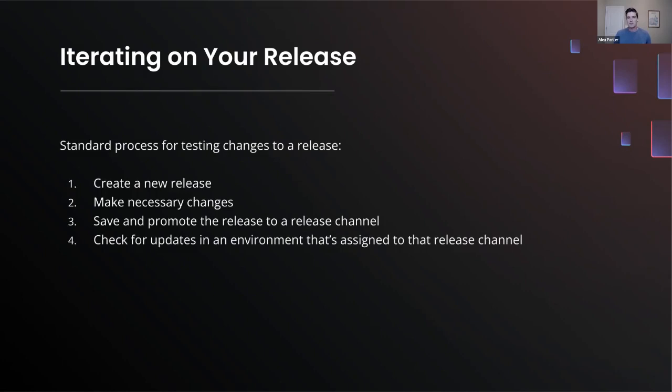Then you'd have some sort of testing development environment with an admin console installed, and you check for updates and pull in that new release that you just promoted, deploy it and test those changes, make sure everything worked out well, and then rinse and repeat. But this can be super time consuming, especially if you're making little tweaks, trying to test little things, and you've got to promote releases 5, 10, 15 times as you're going through testing. This can take a lot of time.